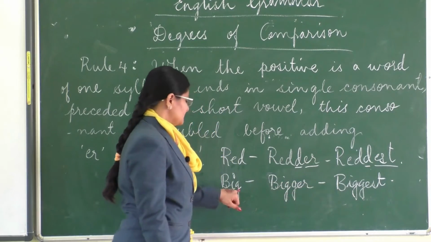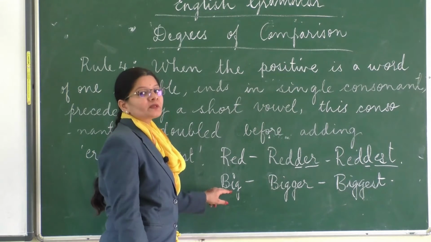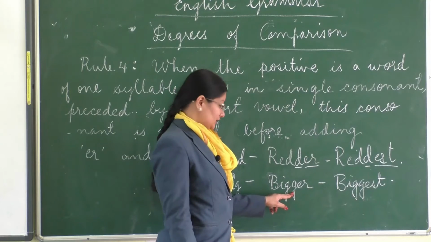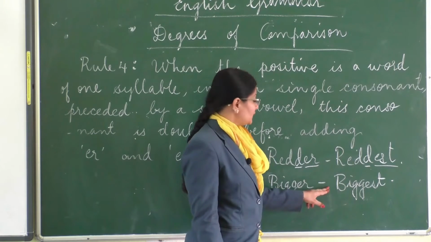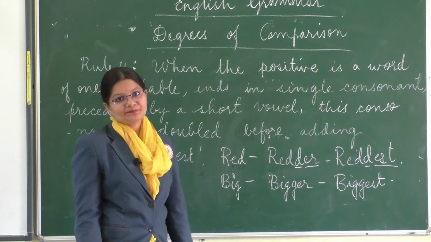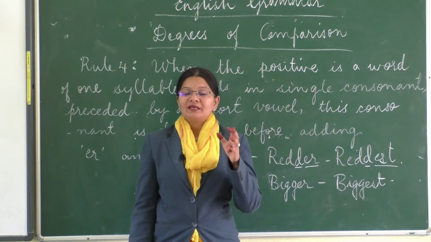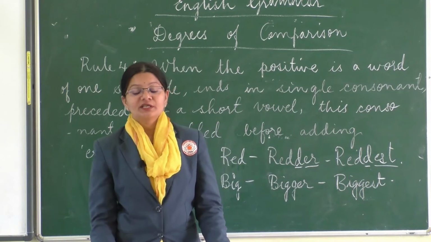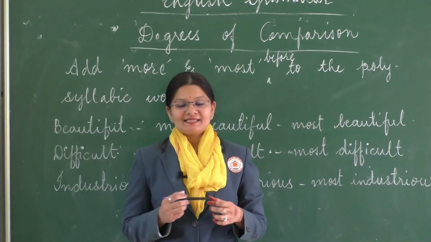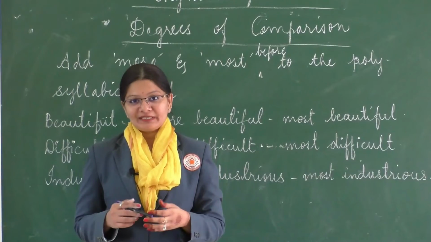So you see, this is again a consonant preceded by a short vowel, so I double this g, bigger, and then biggest, that is for superlative degree. So I hope you all have understood all the 4 rules of changing the single-syllable words into the comparative and the superlative degree.